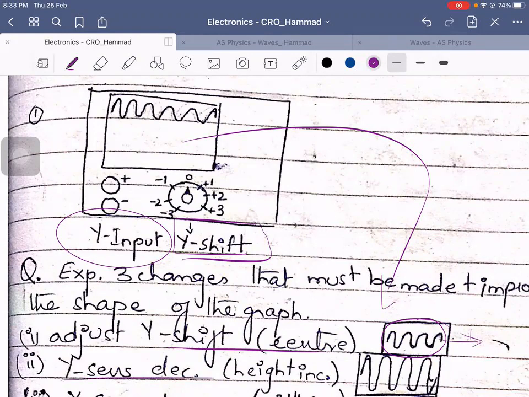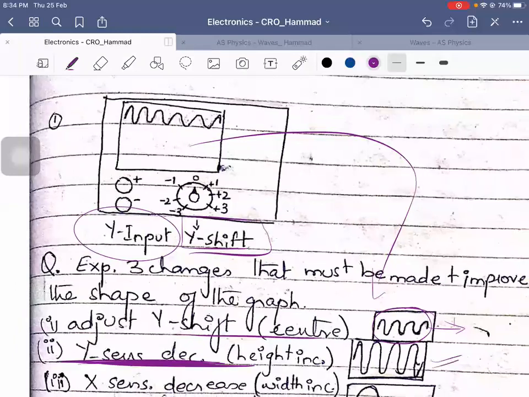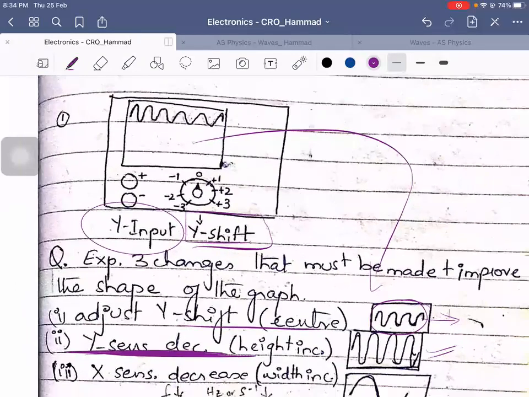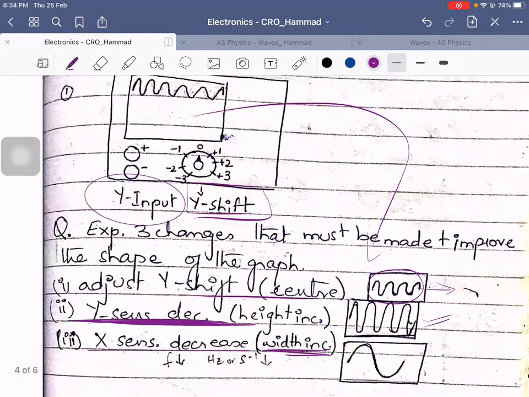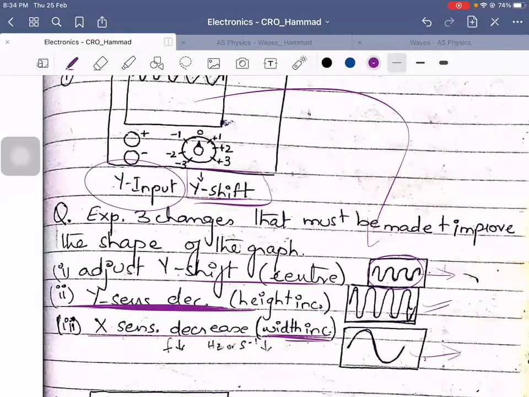If I am decreasing my Y sensitivity, the height would increase. And if I'm decreasing my X sensitivity, the width would increase, somewhat like this.